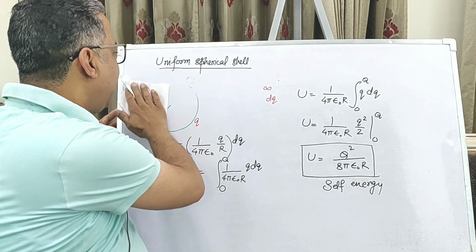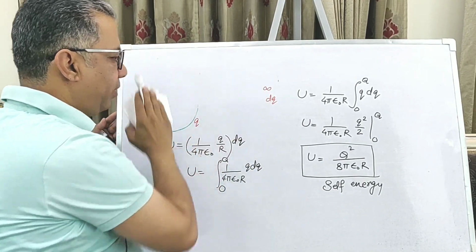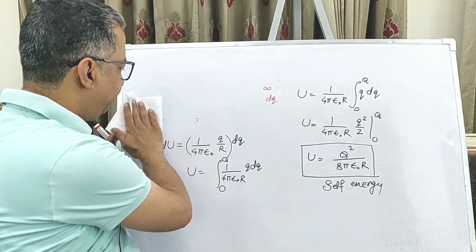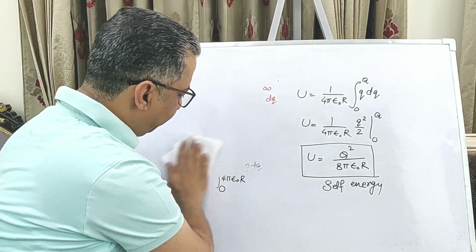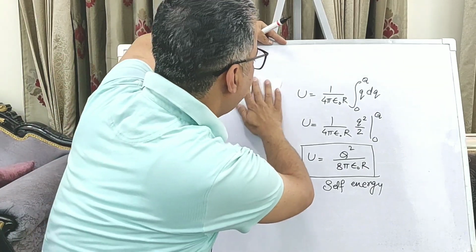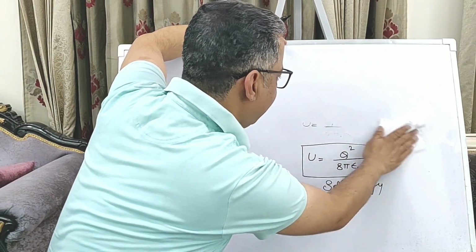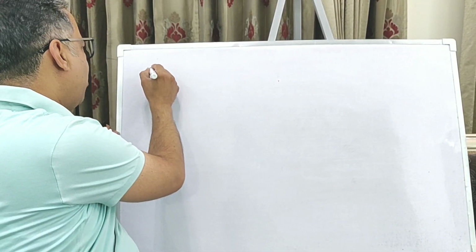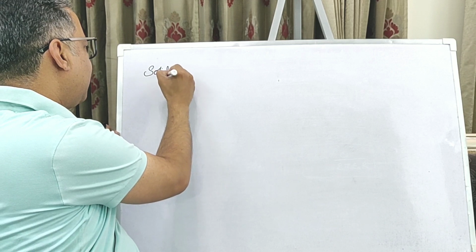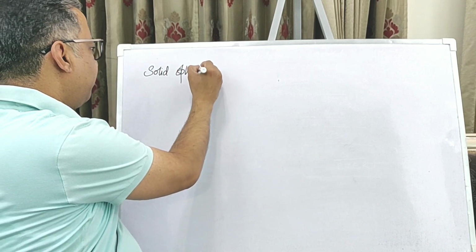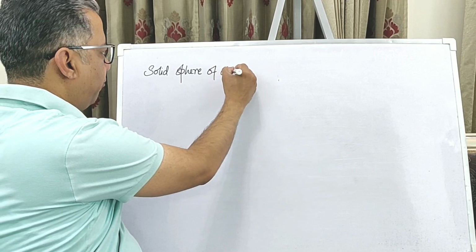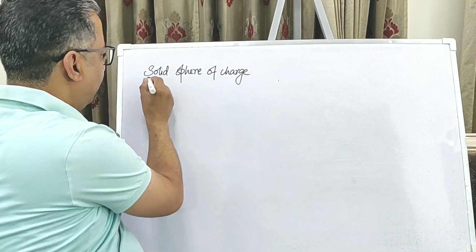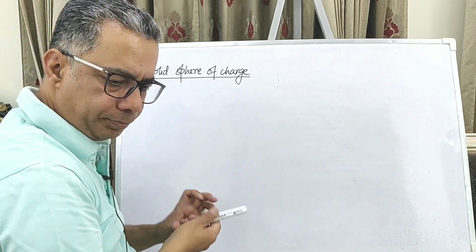Now we move on and talk about a solid sphere of charge. How does a solid sphere of charge differ from a shell? Let's first understand this fact. So we're dealing now with a solid sphere of charge.